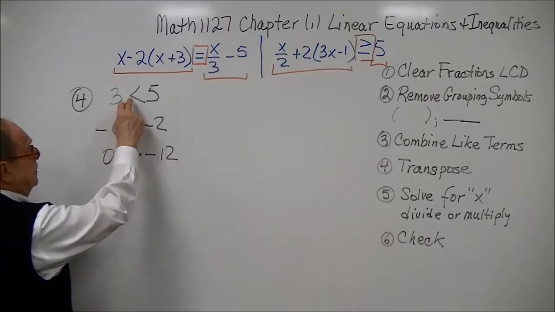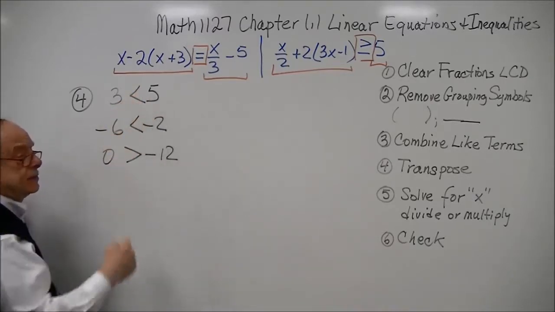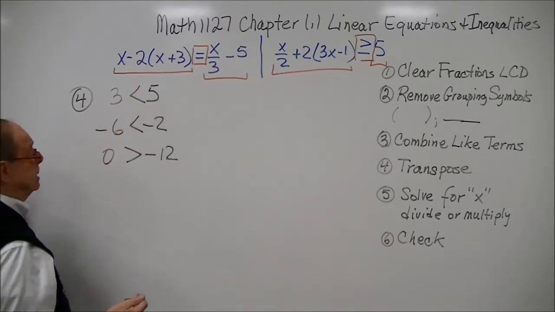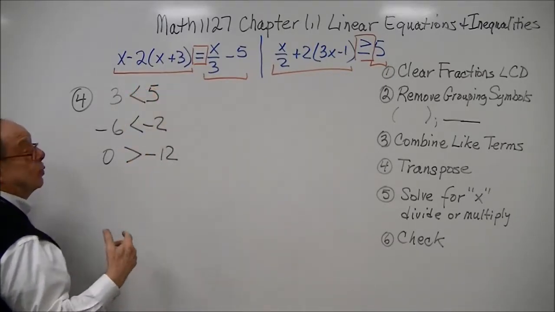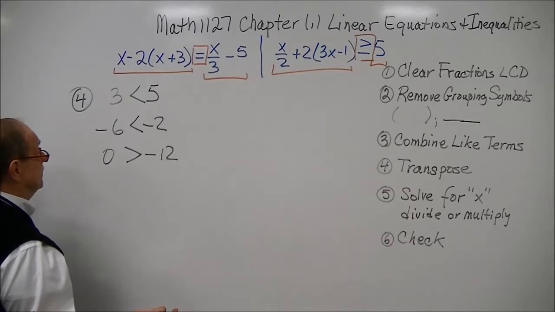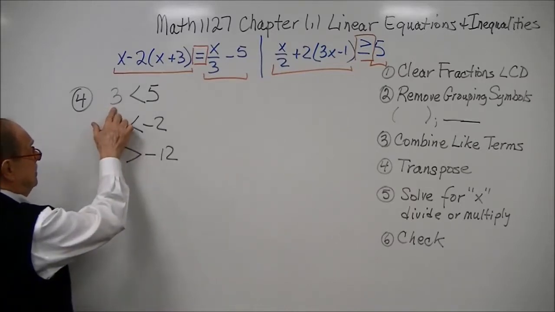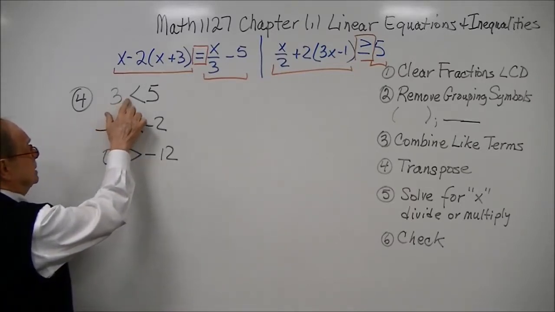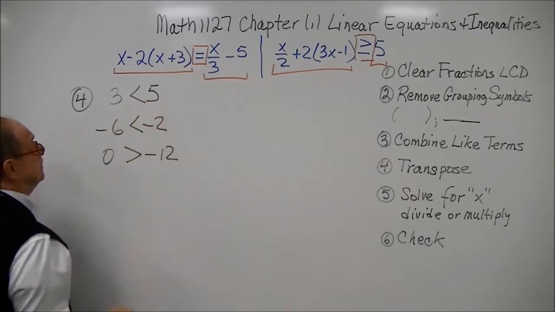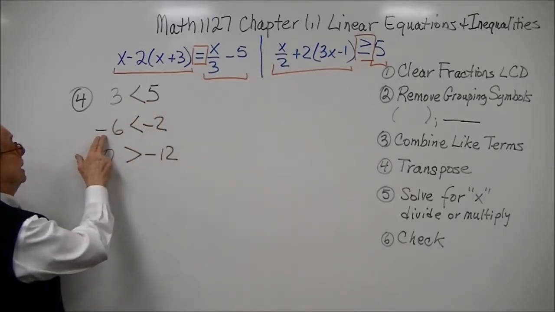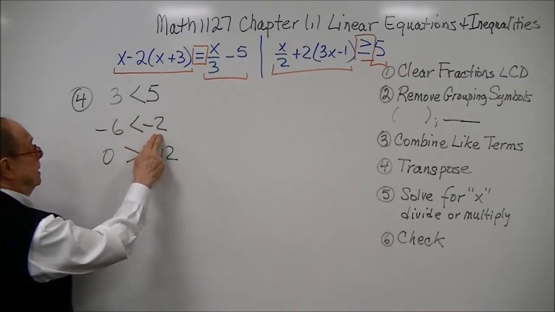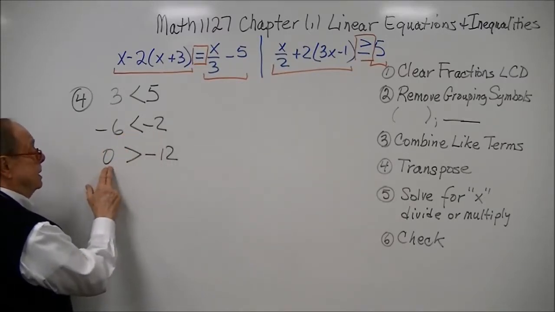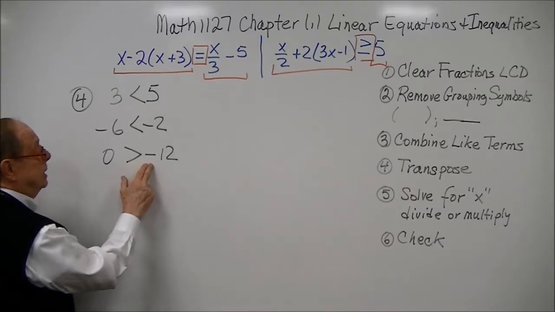The point of the inequality sign is always toward the less side, while the wide open end of it is toward the greater side. So we would describe this as saying 3 is less than 5. Negative 6 is less than negative 2. 0 is greater than negative 12.